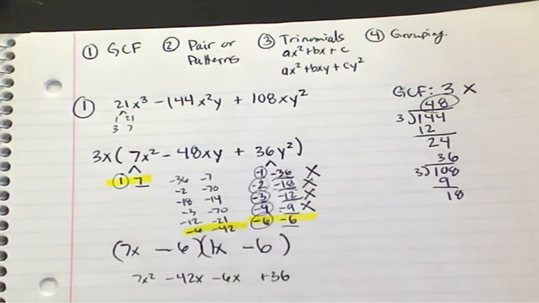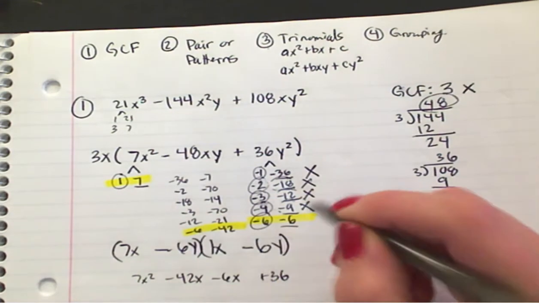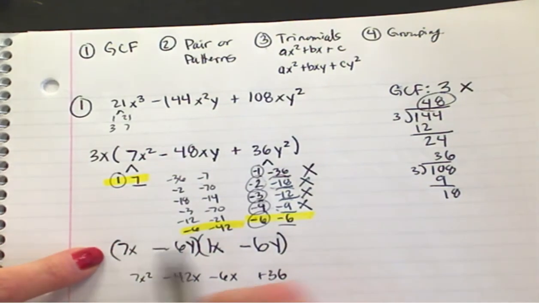Y times y. Where are you going to put the y to get the last term to be y squared? After the 6. Okay. Y squared. Do you see how the y squared doesn't really change what I'm doing? It's just how do you multiply to get y squared? Y times y. So let me recheck my work.